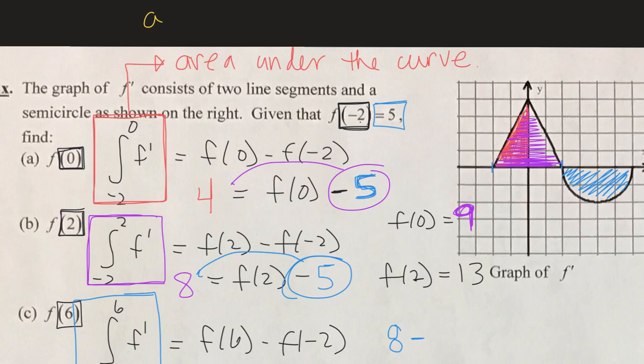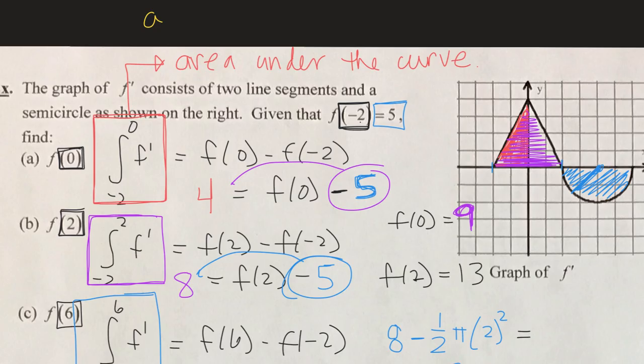Okay, what shape are we dealing with here? A half of a circle. So that's half of pi r squared. So this circle has a radius of 2, right? Because it has a diameter of 4. So 8 minus half of pi r squared is 8 minus 2 pi, right?